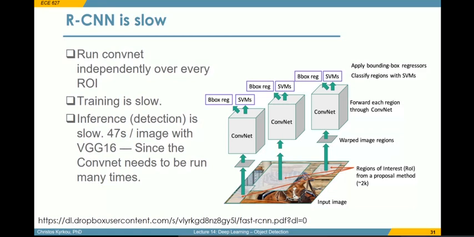But the major issue remains the fact that we have a lot of different proposals, thousands of them, and each one has to go through the convolutional neural network. And this results in over 40 seconds of processing per image. That's for just one image.